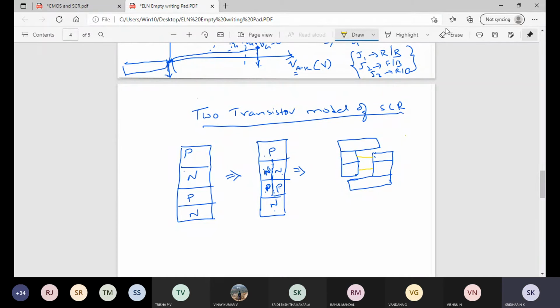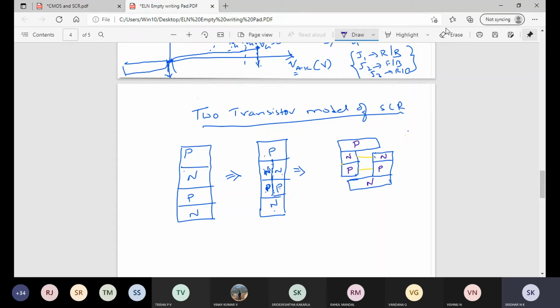If you see the circuit, can I represent this circuit like this? I'll just draw the P, N, and this is N, this is P, and this is P, and this is N. So I mean to say this N and this N are connected, and this P and this P are connected.